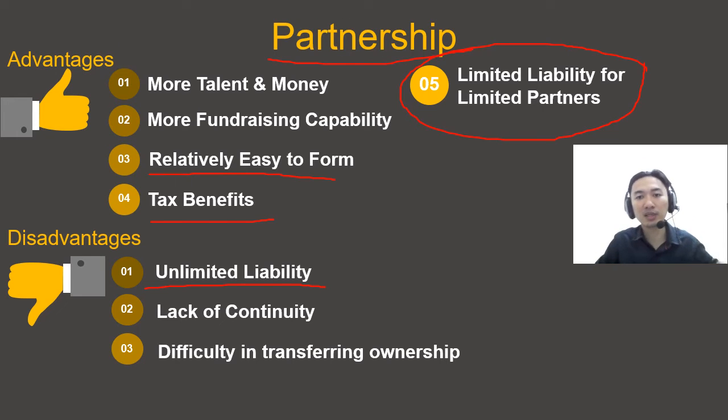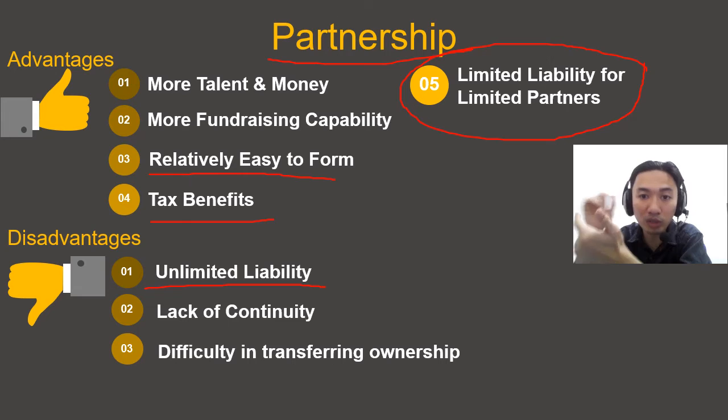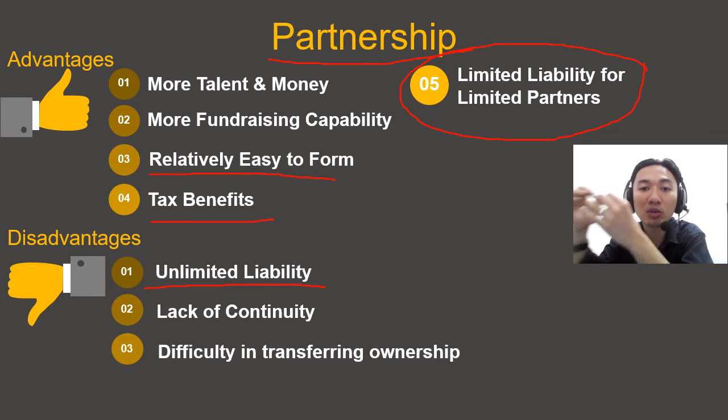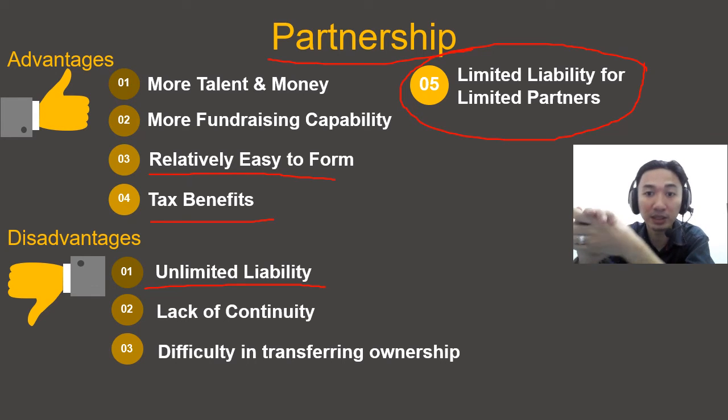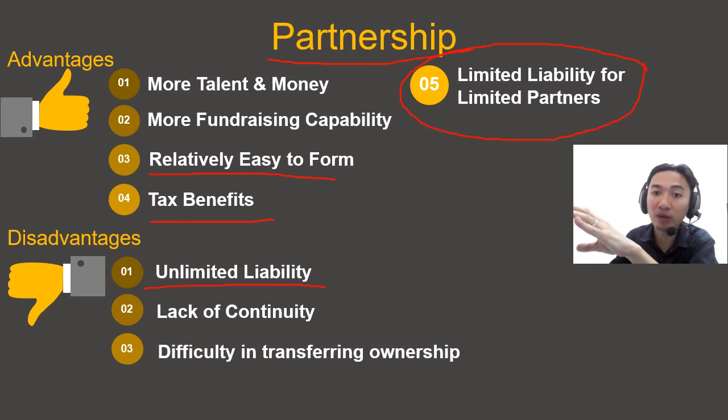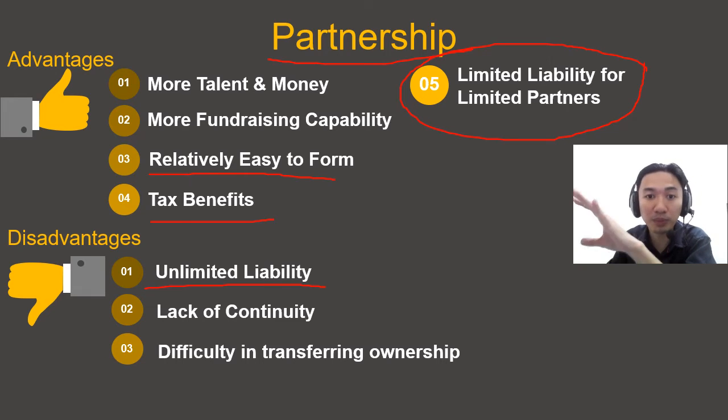It means that whatever decision is made by your partners, if you are the general partner, you would also be part of it and responsible for it. If your partner incurs a debt on behalf of the partnership, even if you don't know about it or do not agree to it, you are still equally responsible for the debt. This is the dangerous thing. So please choose your business partner carefully if you are the general partner.